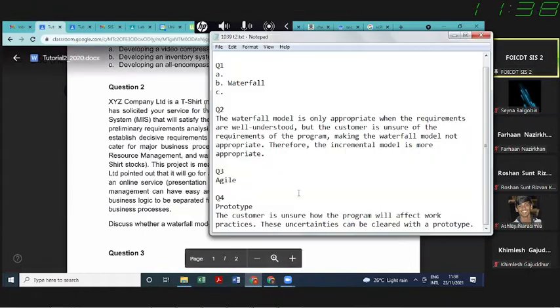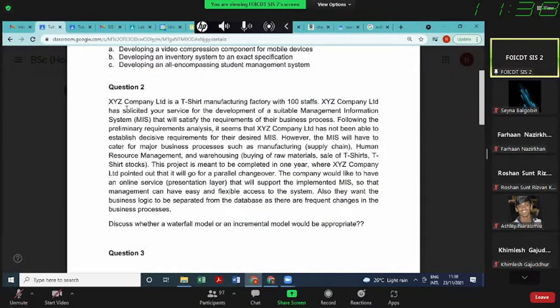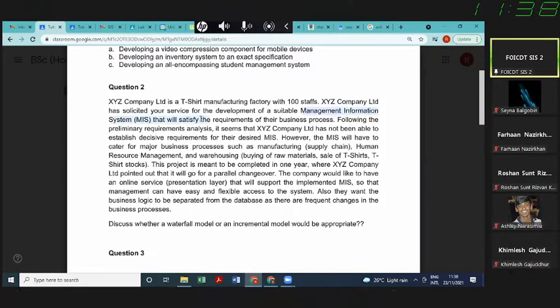XYZ Company Limited is a t-shirt manufacturing factory with 100 staff. XYZ Company has solicited your services for the development of a suitable management information system that will satisfy the requirements of the business process. Following preliminary requirements analysis, it seems that XYZ Company Limited has not been able to establish decisive requirements.